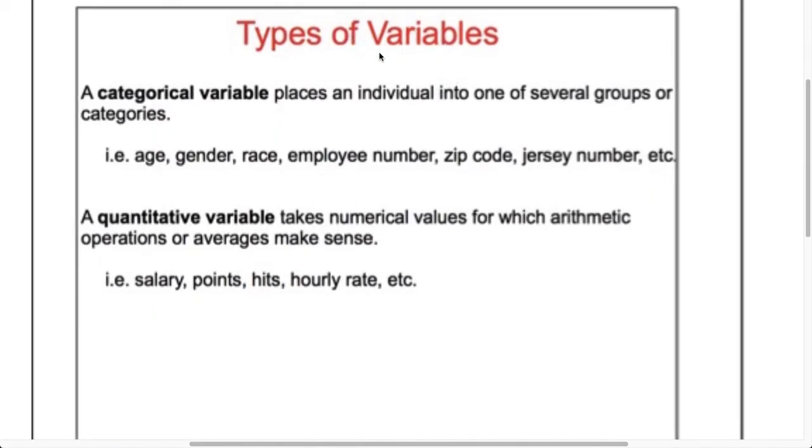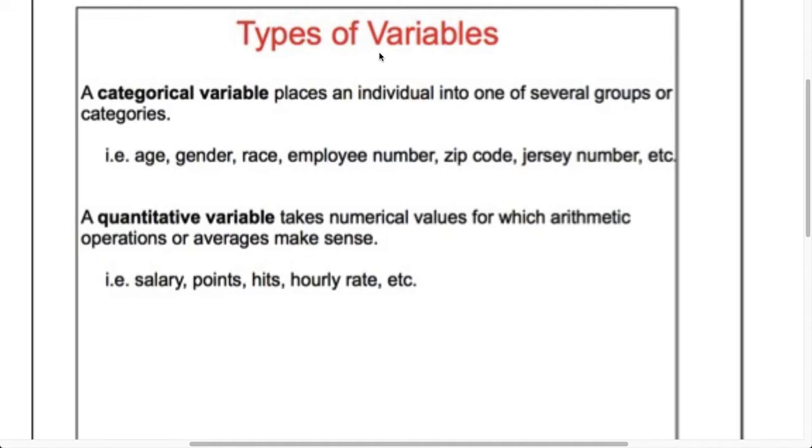Speaking specifically about variables, there are two different types of variables, categorical versus quantitative. Now, you need to be careful in assuming that quantitative variables are always number related, because that is not always the case. A way to think of the difference is that a quantitative variable might be a variable that you would do some sort of arithmetic with.